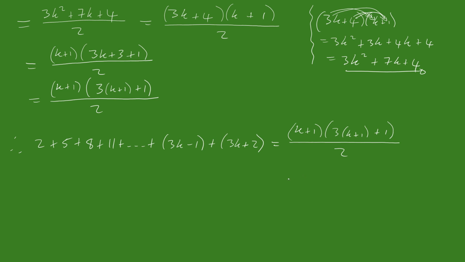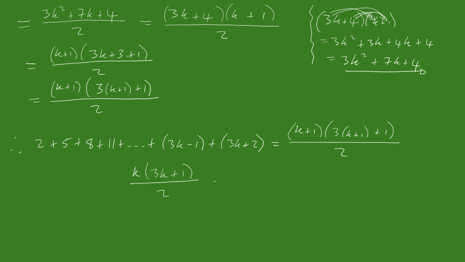And we'll see that the right hand side here of this series, where we add an extra term, k plus 1, looks very similar to the previous one. So the original series, the right hand side was k into 3k plus 1 over 2.